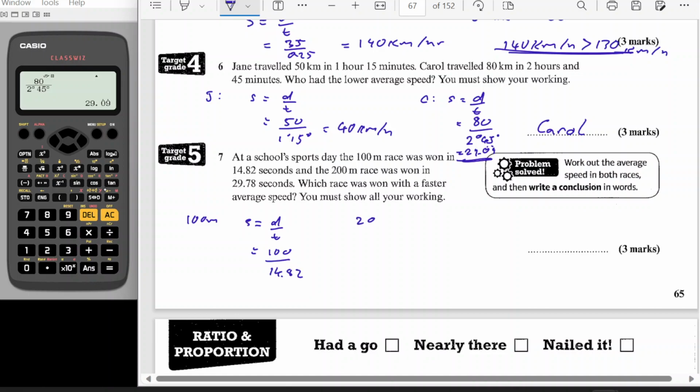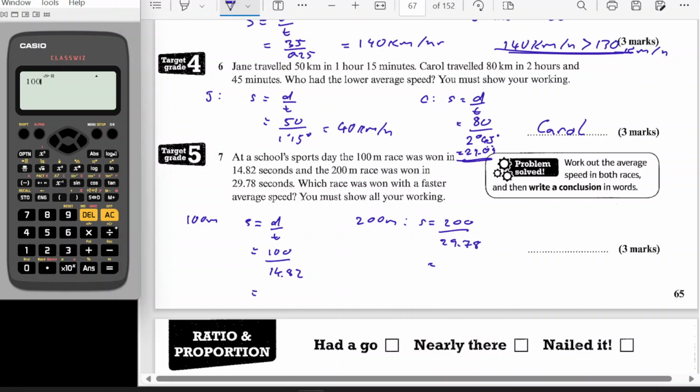And for the 200 meters, I'll go to the calculator in a second. The speed was equal to 200 divided by 29.78. And then we could do this without a calculator. If they travelled 100 meters in 14.82, then they travel 200 meters in 29.64, so obviously the 100 meters, but we'll do the exact figures.